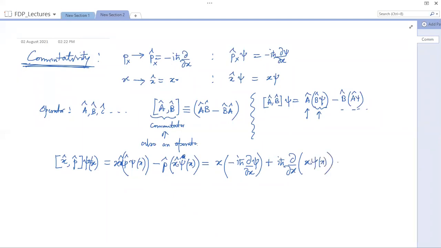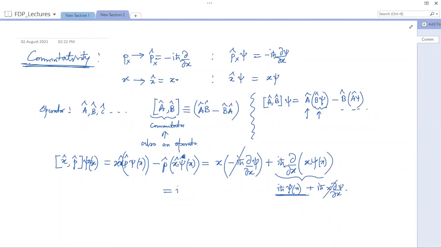If you calculate this, we can clearly see that we have an extra term, which is i h bar psi of x plus i h bar x d psi/dx. These two terms will cancel.